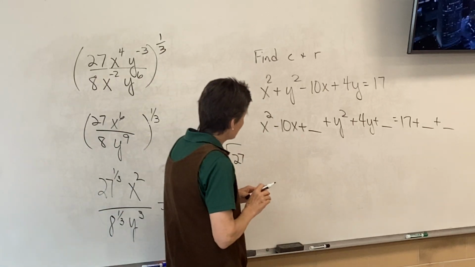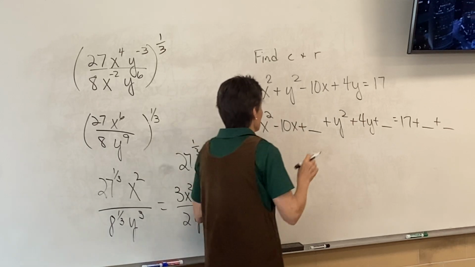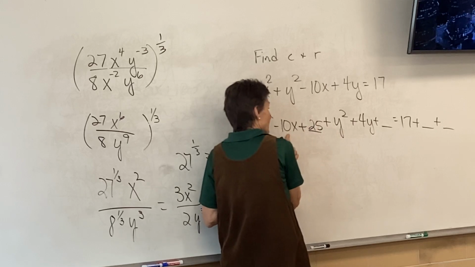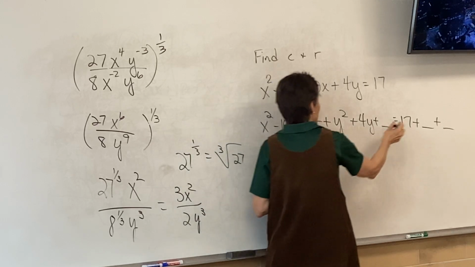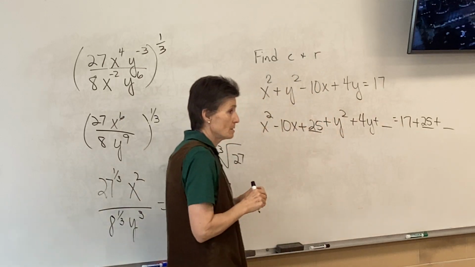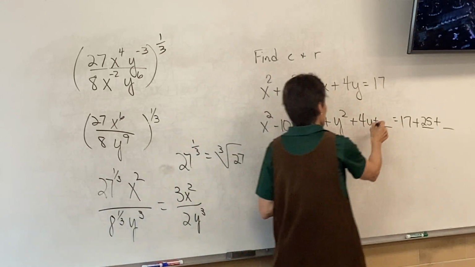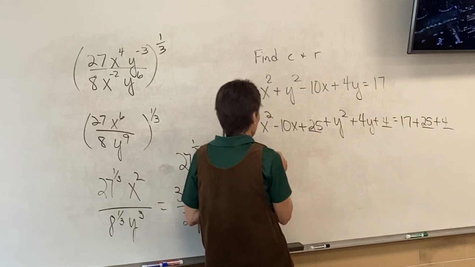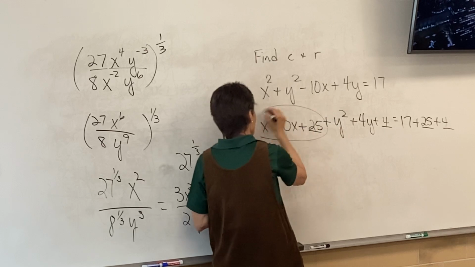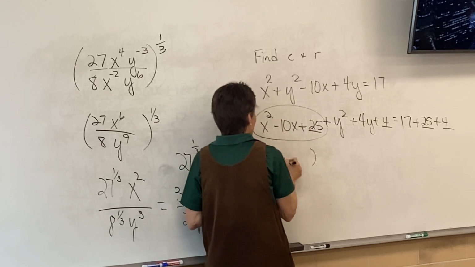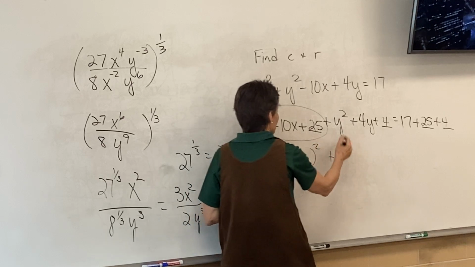Okay, so then we complete the square. Half of 10 is 5, squared is 25. 4 divided by 2 is 2, squared is 4. So here we go. These make x minus 5 squared.